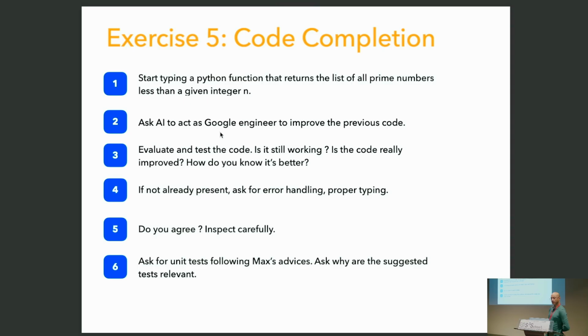So I've provided an exercise here, and you can find that exercise as well in the course material. Instead of the is-prime-number function I just implemented, this is a function that generates the list of all prime numbers less than a given number. Say you have 10,000, what are all the prime numbers?